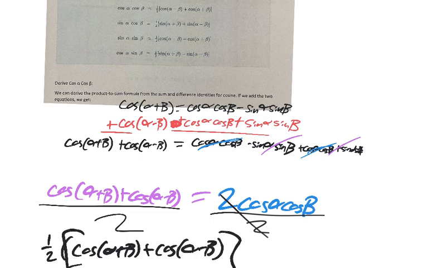Right? Dividing by 2 is multiplying by 1/2. And so cosine of alpha, cosine of beta, is equal to 1/2 cosine alpha plus beta plus cosine alpha minus beta, which is the first one.